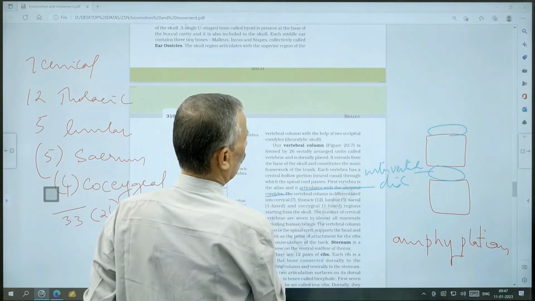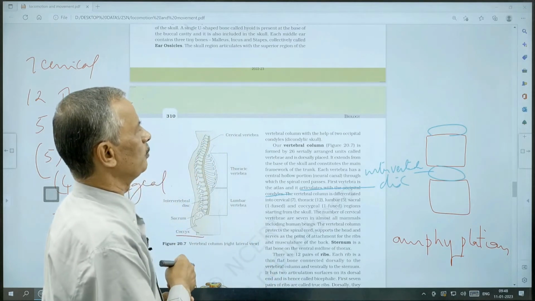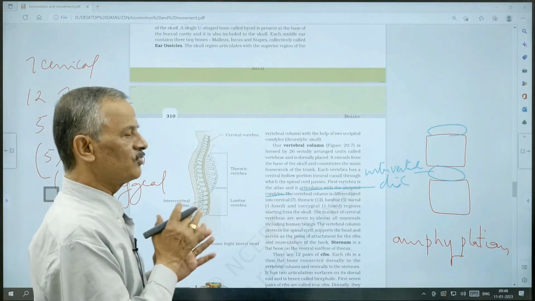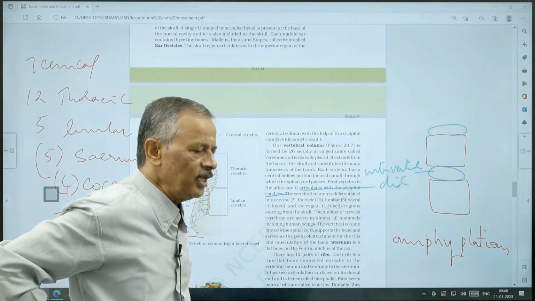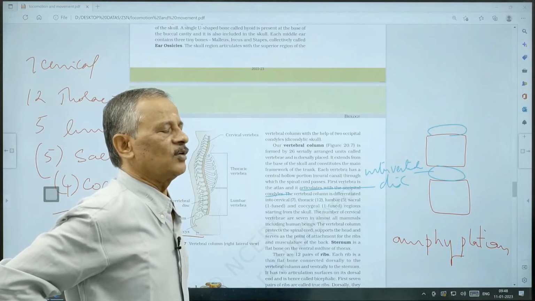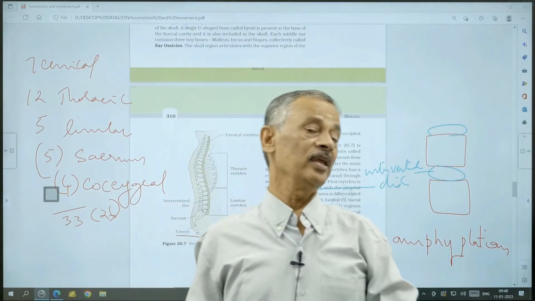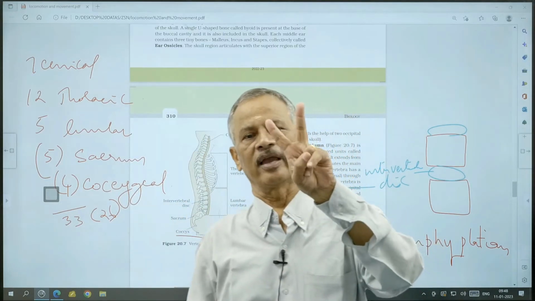Now, we are having 12 pairs of ribs. So, 24 ribs. Of these ribs, all of them are connected dorsally with our thoracic vertebrae by means of two heads. That's why our ribs are said to be bicephalic, having two heads.